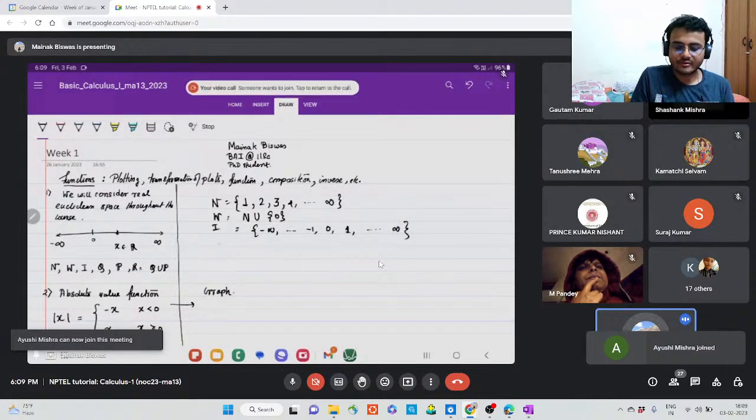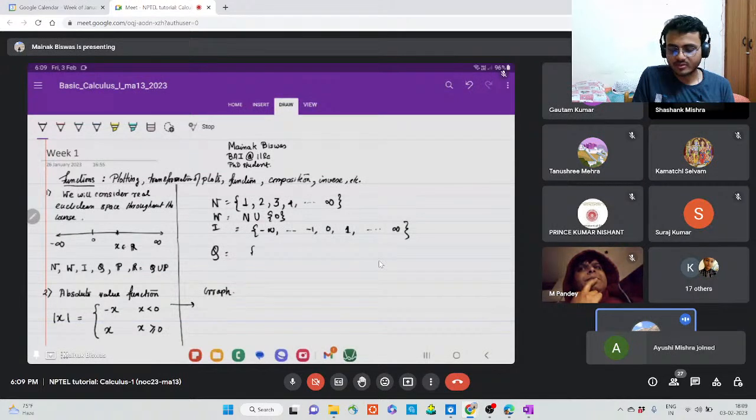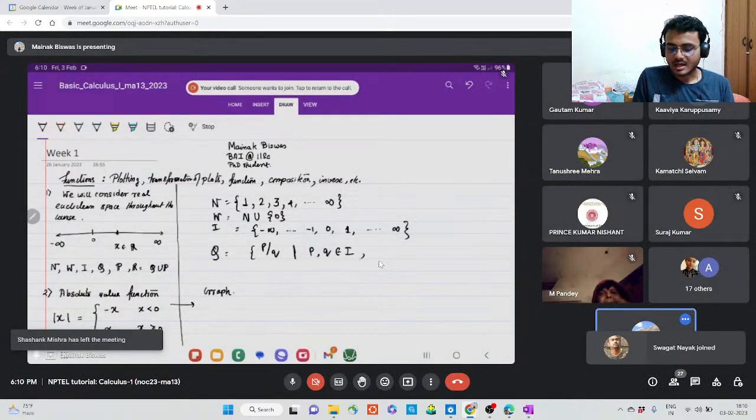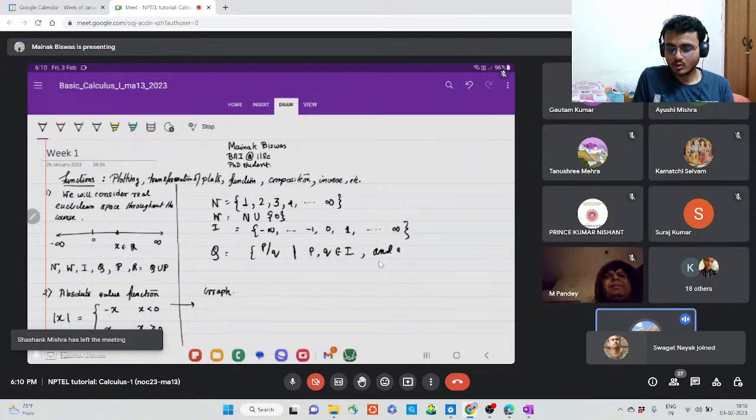You also have rational numbers defined by p by q, where p, q belong to integers and q is not equal to 0.